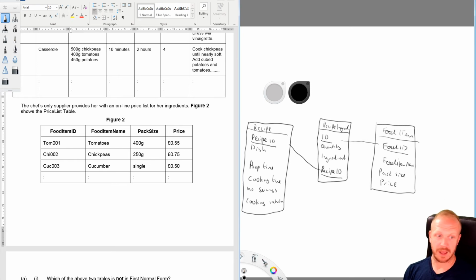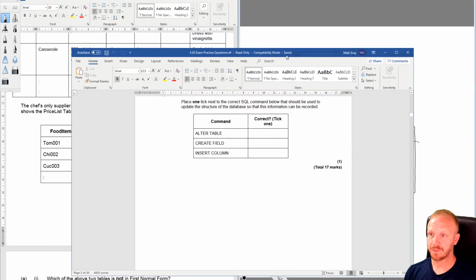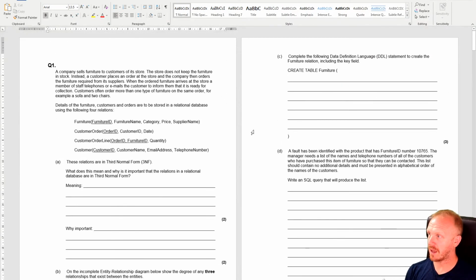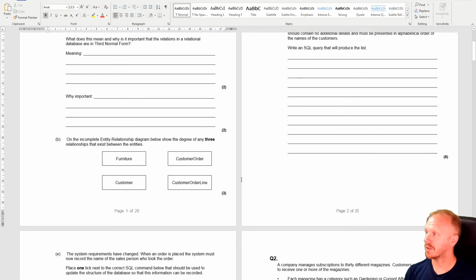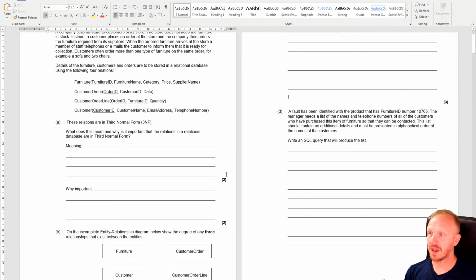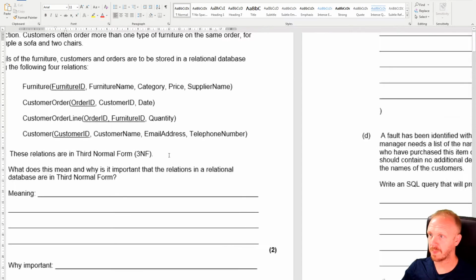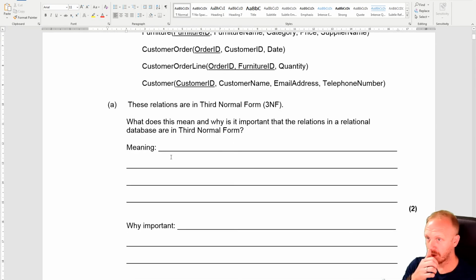More realistically, the type of question you're going to get is one of the standard SQL database questions. You get some stuff on SQL, you get some stuff on normalization, but the kind of stuff it tends to ask about normalization is this. It says, these questions are in third normal form. What does this mean, and why is it important that the relations are in a relational database in third normal form?